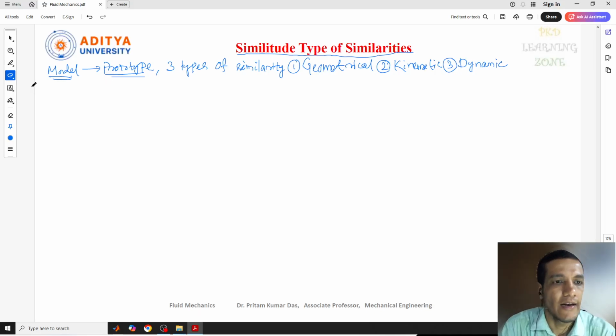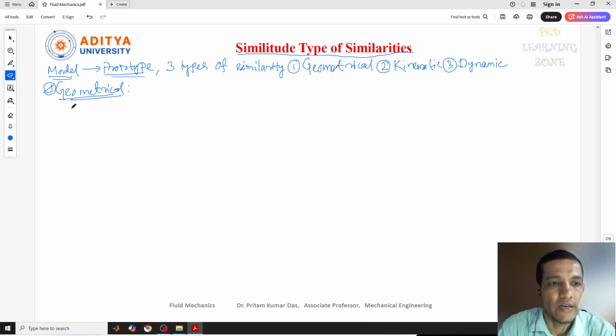First, let me consider the geometrical similarity. Suppose we have created a model and that model was converted to a prototype. In the geometrical similarity, what are the things that will be similar?